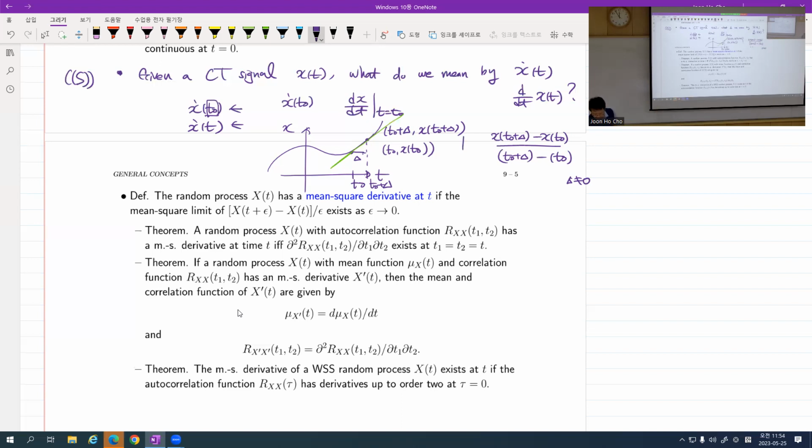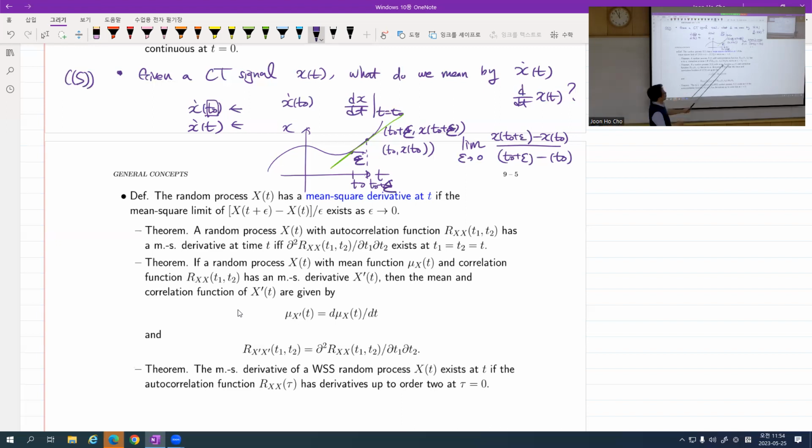Now, what do you do? You take the limit of this quantity as delta tends to 0. Let me use epsilon instead, because we just used epsilon. So epsilon tends to 0. Got it?